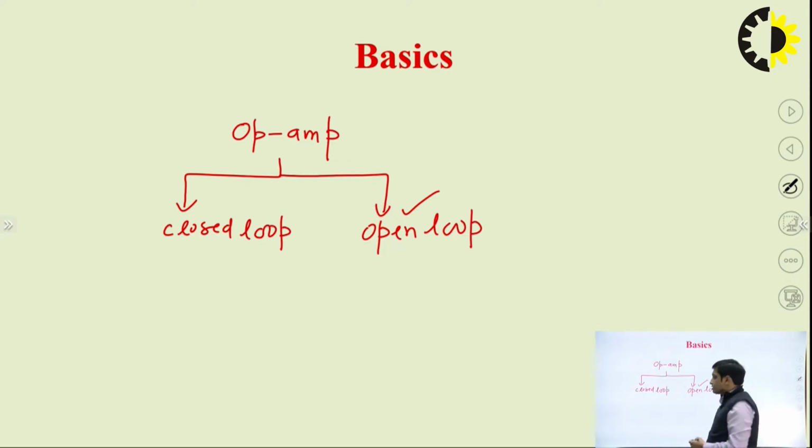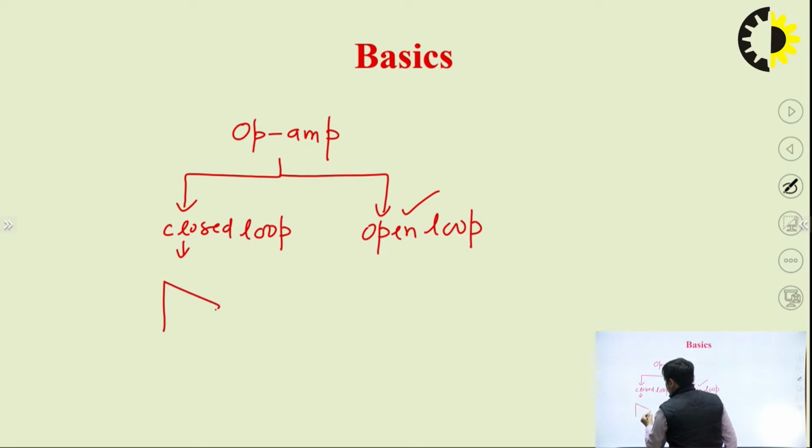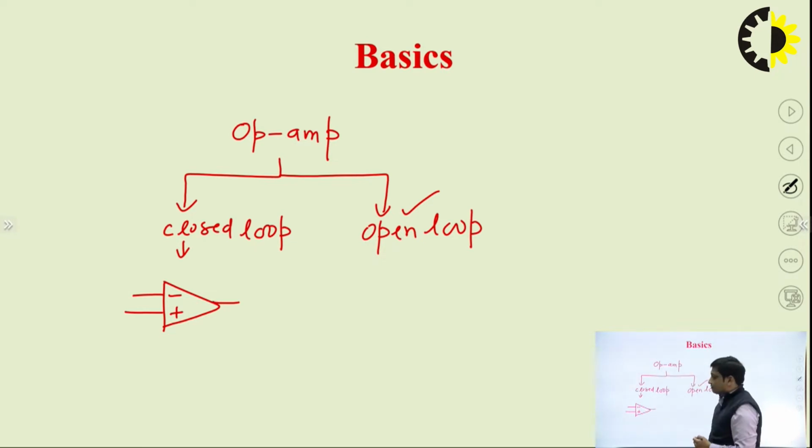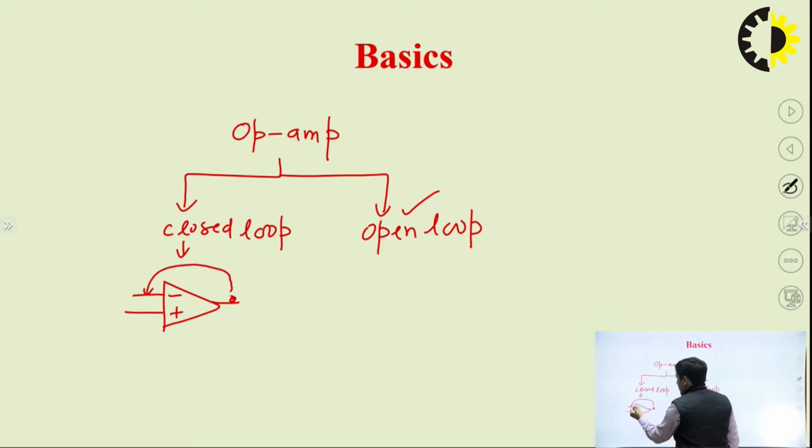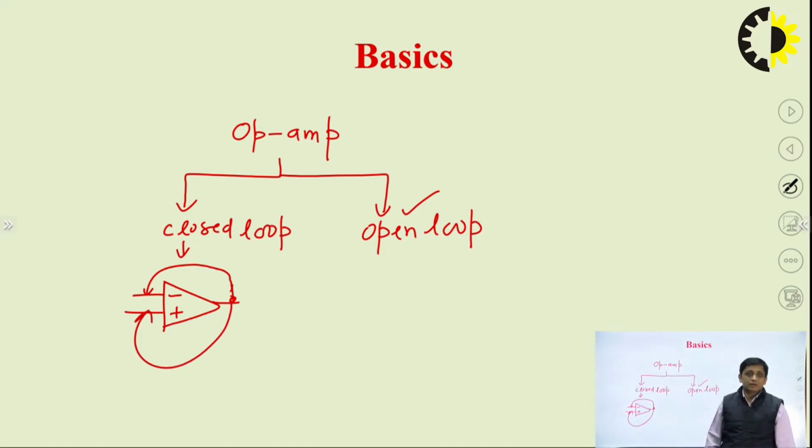As far as closed loop configuration is concerned, we know that there are two input terminals, one is inverting input and another one is non-inverting input. If the output is connected to the negative input terminal, that is the inverting one, we say that it forms negative feedback. Similarly, if it is connected to the positive input terminal, then we say that it's a positive feedback.